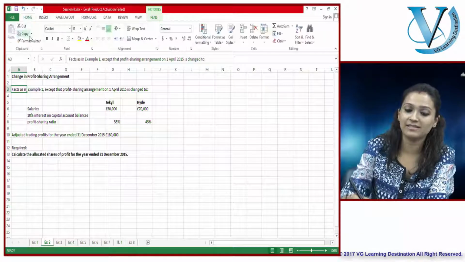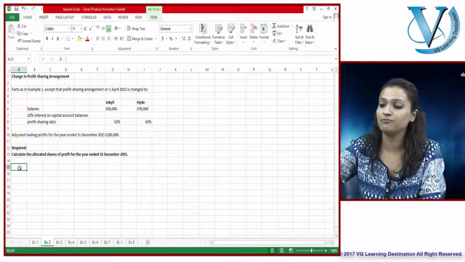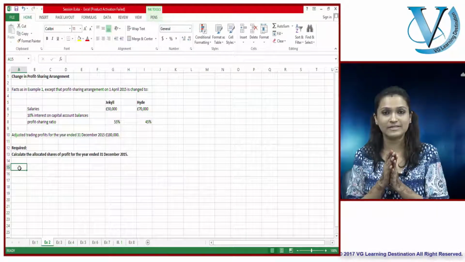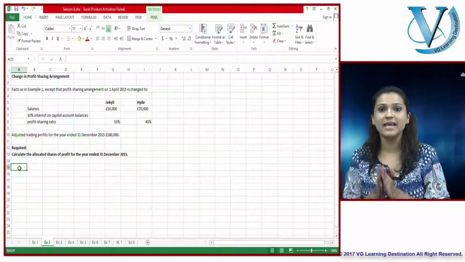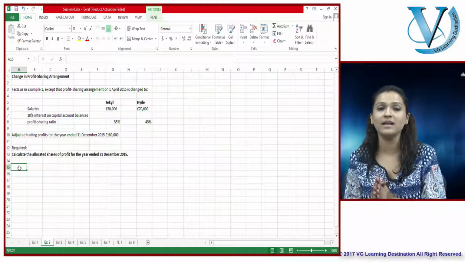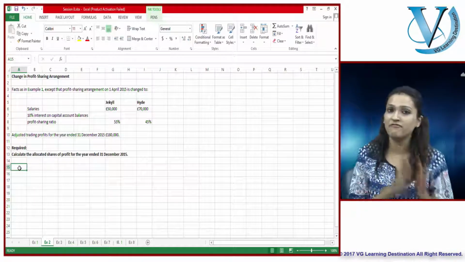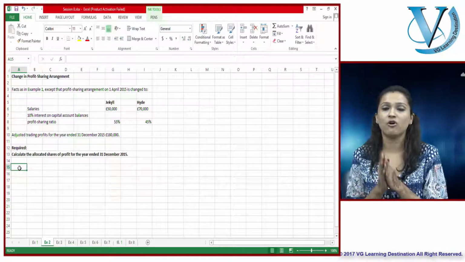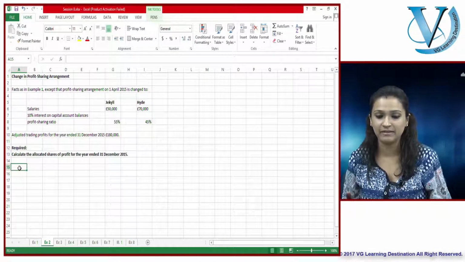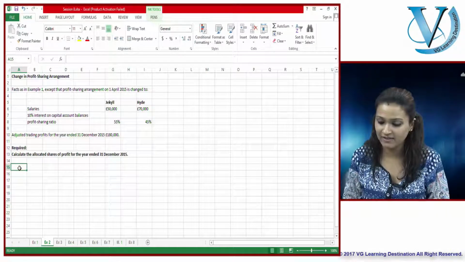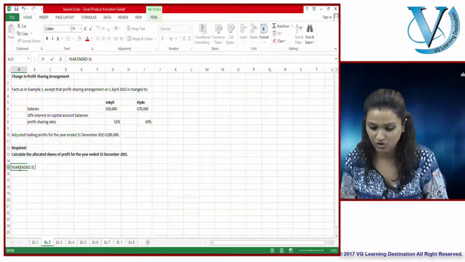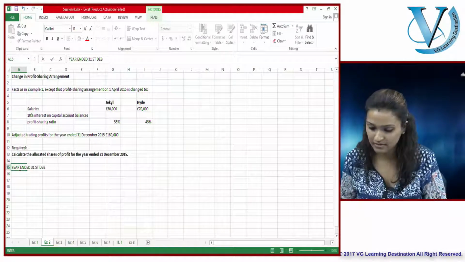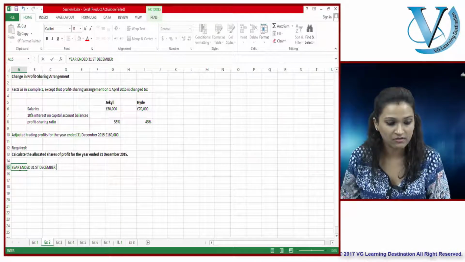Now that we know that there has been a change in the profit sharing ratio, what does our rule say? The rule says that the allocation needs to be time apportioned accordingly before and after the change in the profit sharing ratio, before it gets divided amongst the two. So what do we have? Let's have a look at the year ended 31st of December 2015.